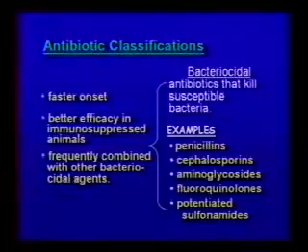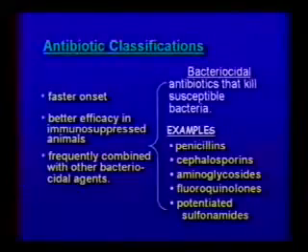Generally, these agents, or classes within here, are the drug of choice for dealing with animals that are immunocompromised, and you will frequently encounter combinations of two bactericidal agents being used together to generate a more efficacious killing of microorganisms or polymicrobial infections if you encounter situations such as that.